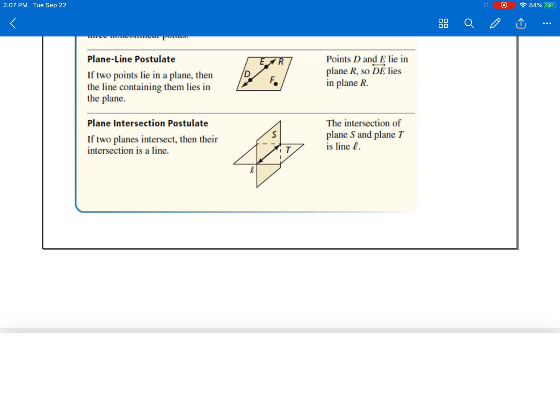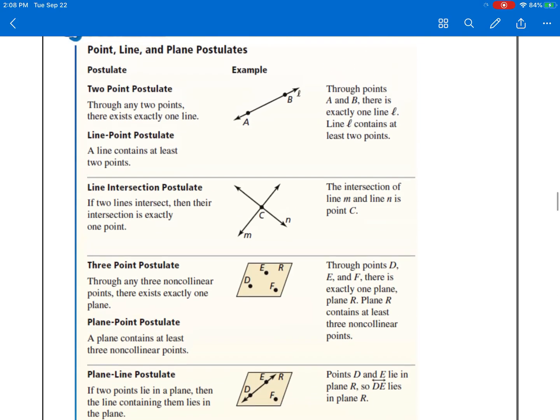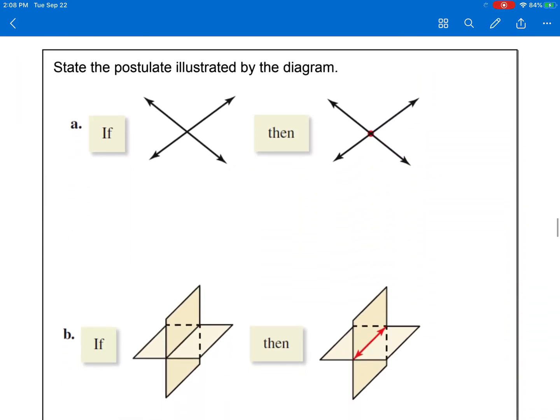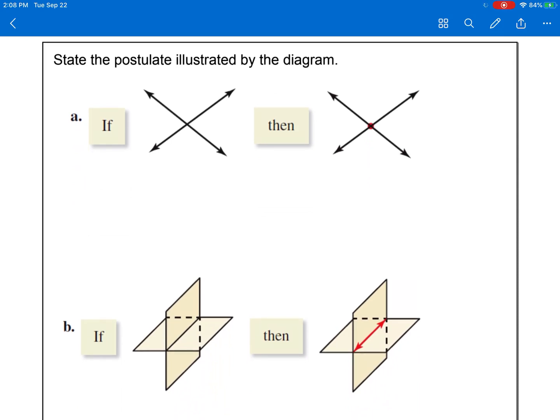The plane-line postulate states if you have 2 points that lie in a plane, then the line connecting them lies in the plane. And the last postulate we're going to talk about today: if we intersect 2 planes, they intersect in a line. Just exactly what we talked about earlier this year when we went over points, lines, and planes. We interjected many of these concepts into our discussion.